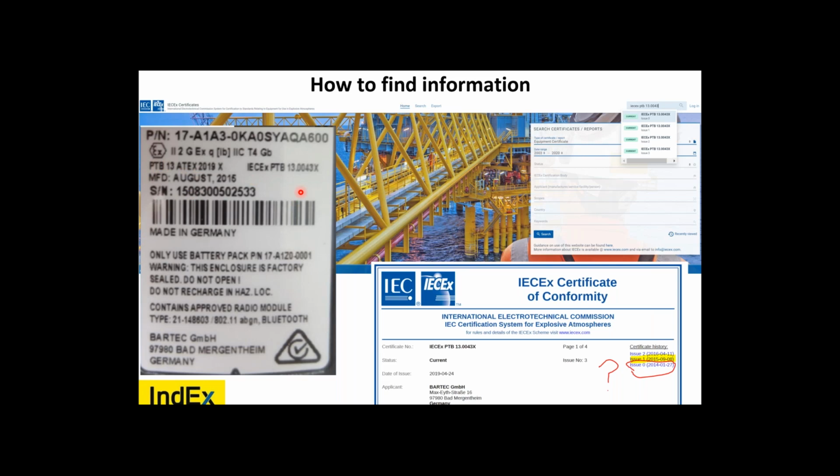Get both. If it has both, it's meant to say the exact same information. The testing has been the same and the information shall be the same. But the format of the IECEx certificate is much simpler to understand, and it's available for free online, and it's easy, simple to follow.